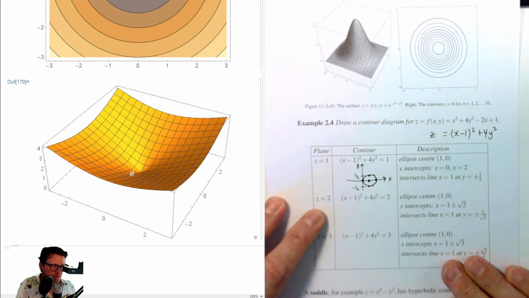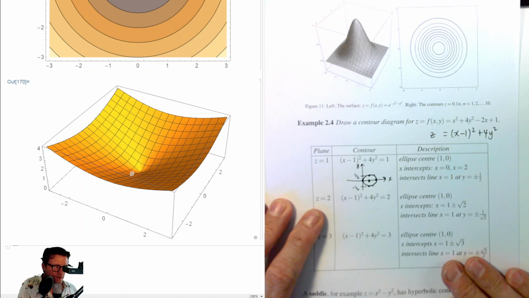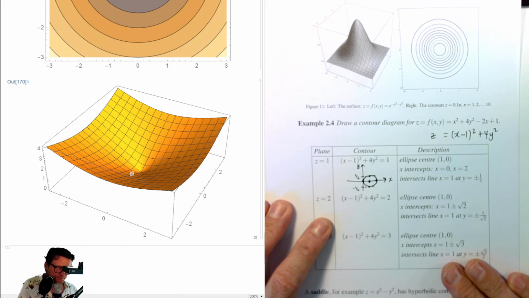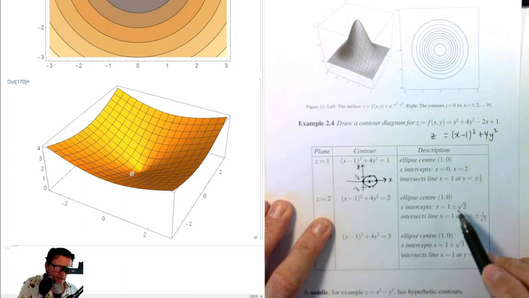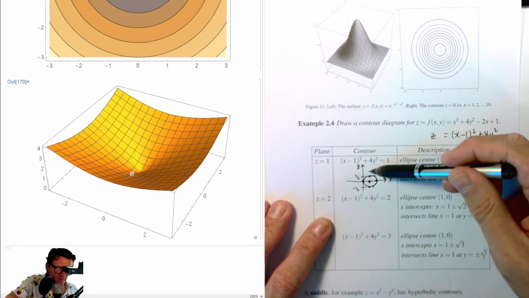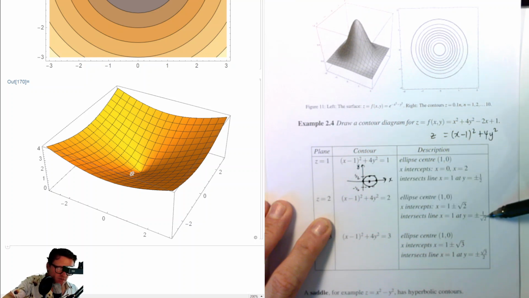All right, now when z is equal to 2, again, we have an ellipse centered at 1, 0, but our intercepts change. So the x-intercepts are x is equal to 1 plus or minus root 2, and we have top and bottom points, y equals plus or minus 1 on root 2, which is about 0.7, right? 0.70 something, I think, from memory.